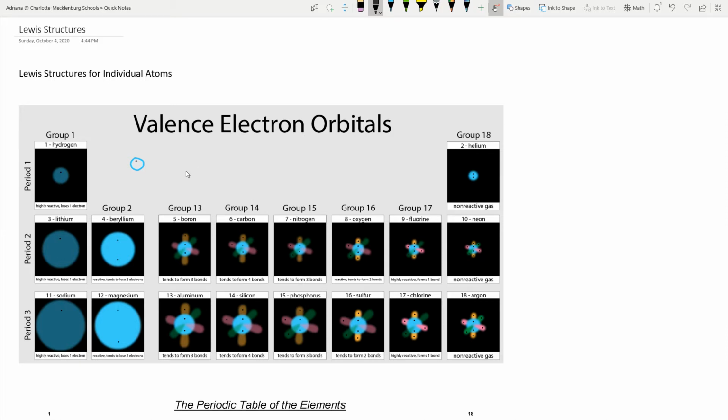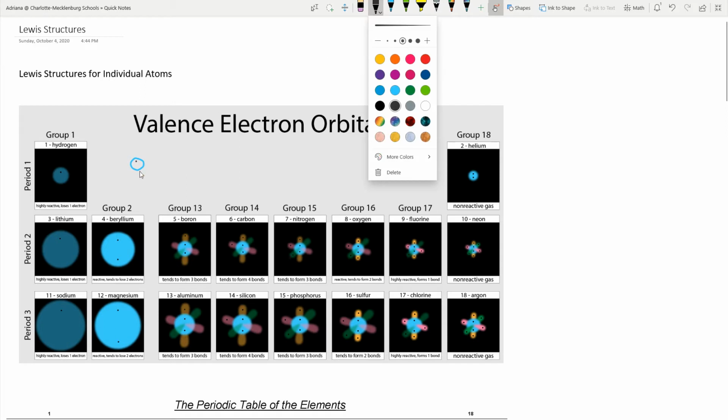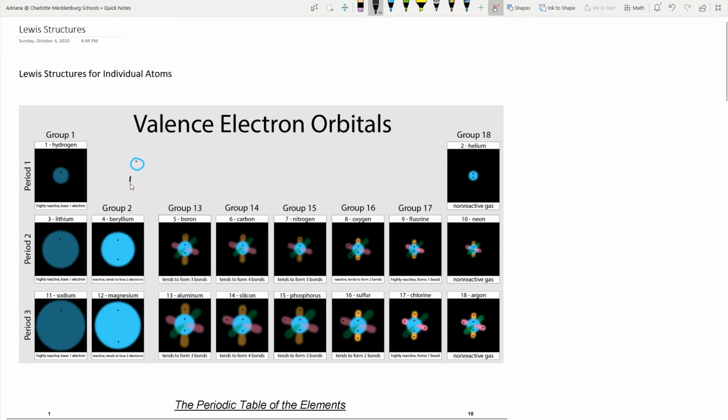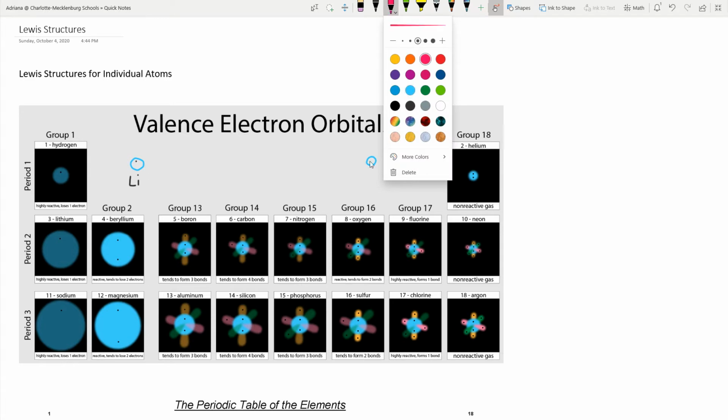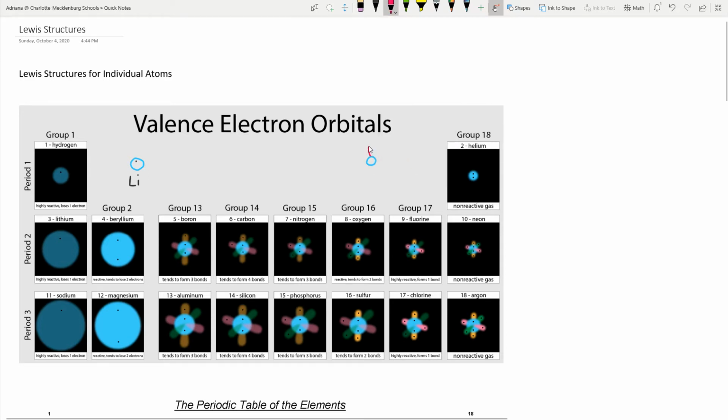But then I say, okay, how about if I had a fluorine atom? And then you say, okay, well, there's two electrons in the s orbital, and then we have our p orbitals, and then I have to go in here and draw that out.